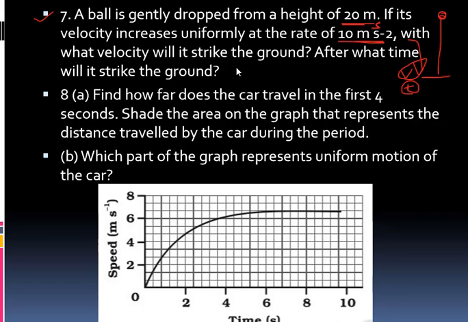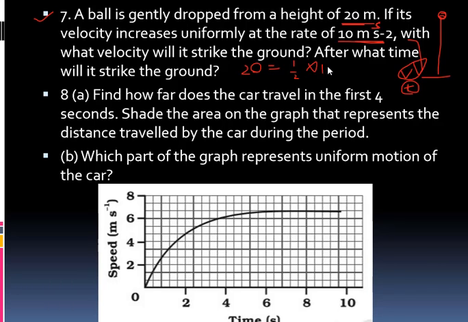Here we know that s is equal to ut plus half at square. What is s? 20 meters. So 20 is equal to ut, but initial velocity here is 0, so 0 into t is 0. That part becomes 0 plus half at square. What is a? a is given 10.